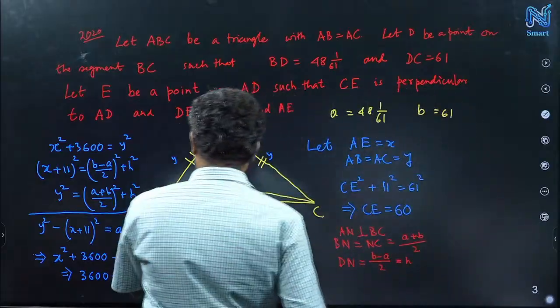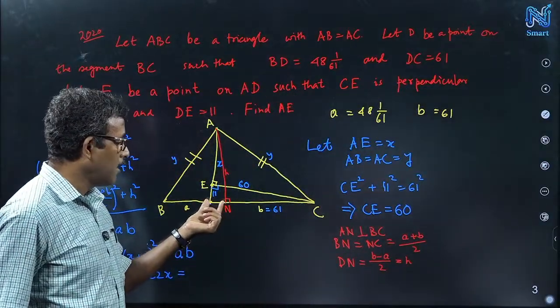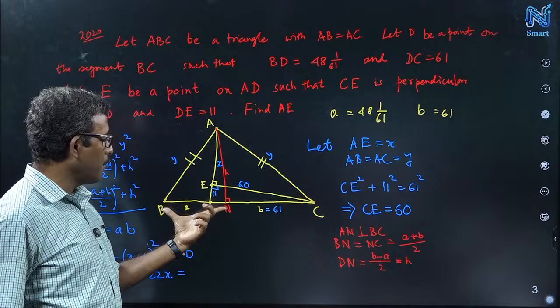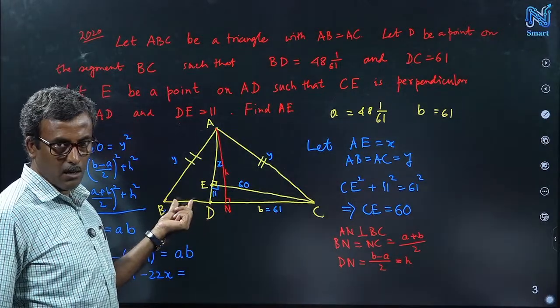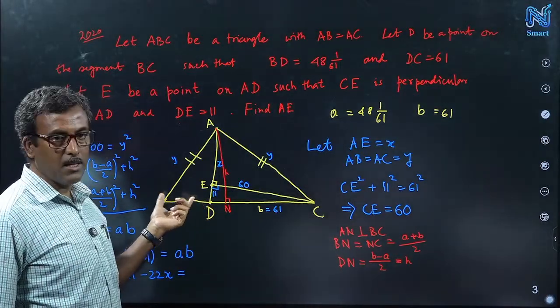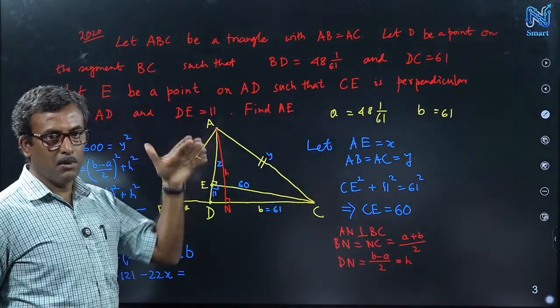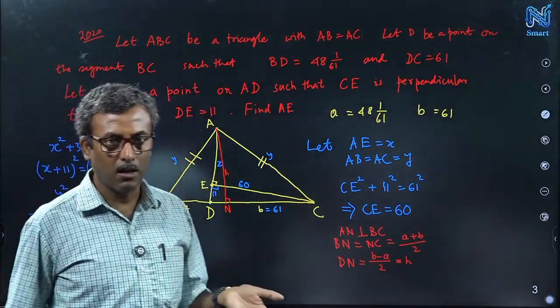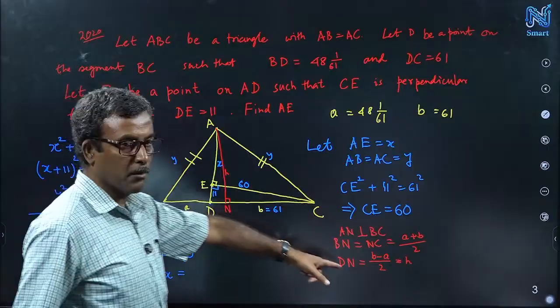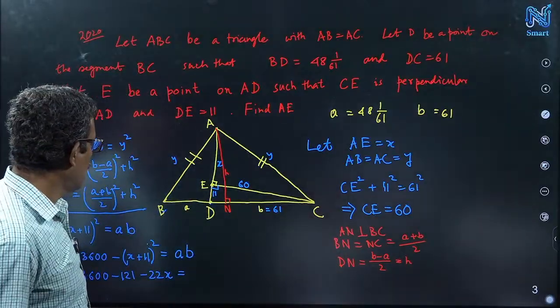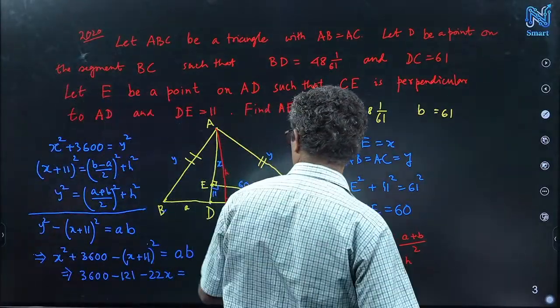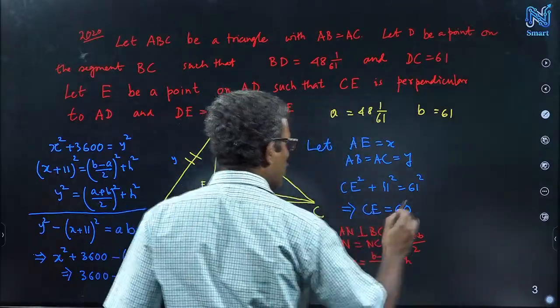And then what is DN? DN is just a plus b by 2 minus a. BD is a. So a plus b by 2 minus a is just b minus a by 2. So that is b minus a by 2. Oh, it is not h, sorry. AN is h, sorry.